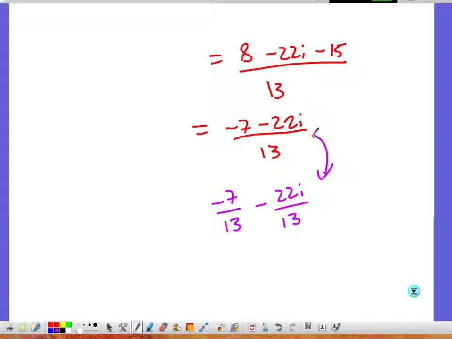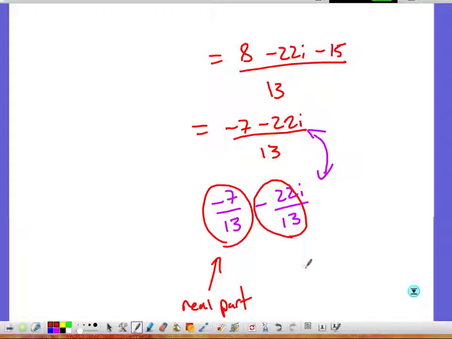Those two are the same thing. I write it like this because -7 over 13 is my real part, and -22 over 13 is my imaginary part.